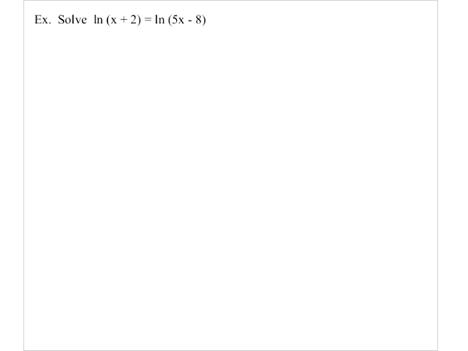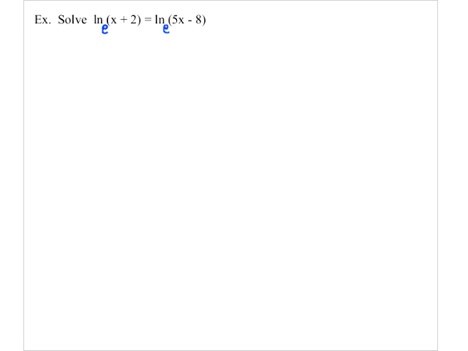Now this one has logs on both sides, if you notice. And just a little reminder that when you have ln, that's log base e. It doesn't really matter in this case as long as the base is the same. That could be log base 3 on both sides. But the point is, the only way these two logs can be equal is if the inside is equal.